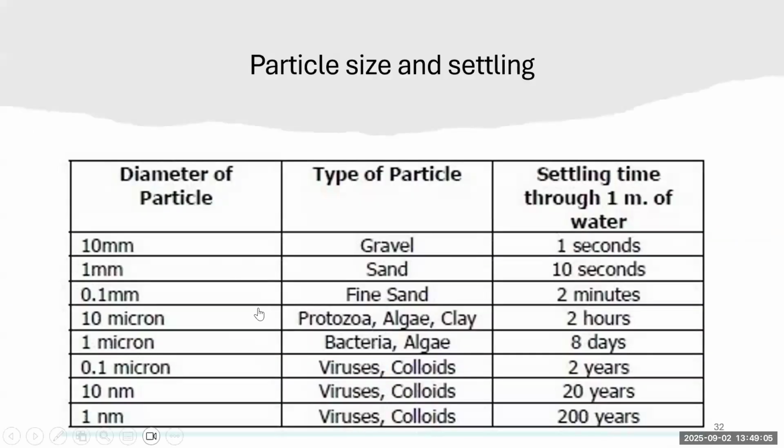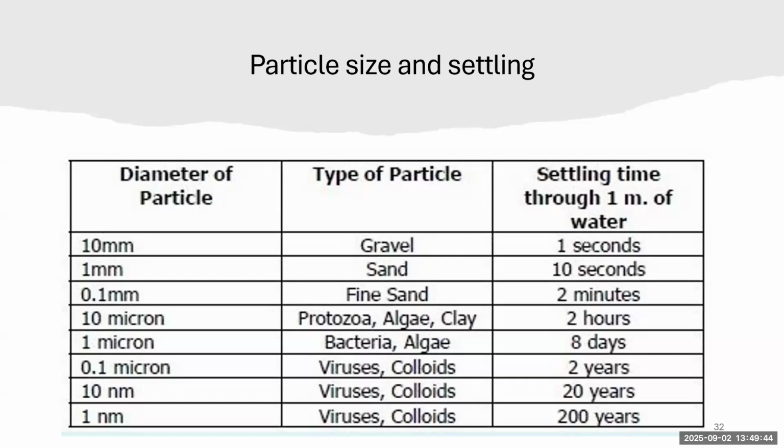Now we're going to build a little bit on what Daryl was talking about, the reasons to treat and all the different sources of pollution that can enter a body of water. But what goes along with this discussion is particle size. If you look at this chart here, you can see the first 4 types of particles in that middle column: gravel, sand, and fine sand, and even the protozoa, algae, and clay particles that are 10 microns or greater.